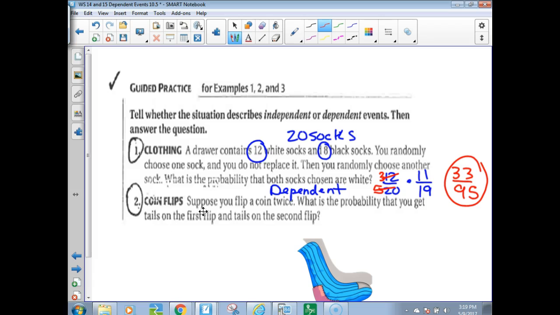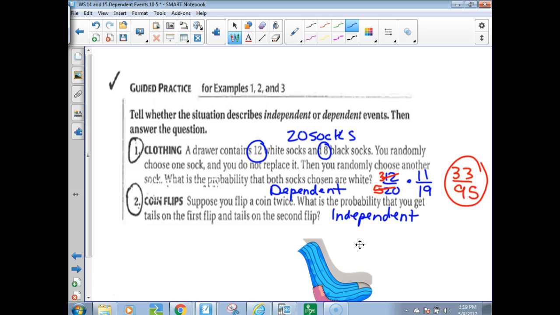Try this next one. Now we're doing coins. Suppose you flip a coin twice. What's the probability that you get tails on the first flip and tails on the second? Now, does it matter what you flip the first time to see what you get the second time? No, so these are independent events.